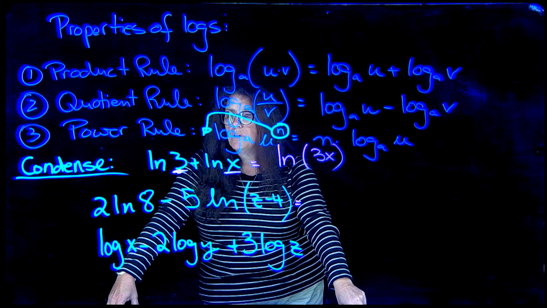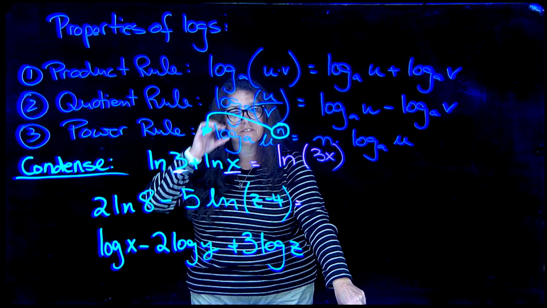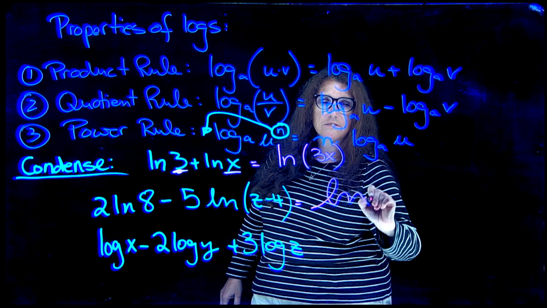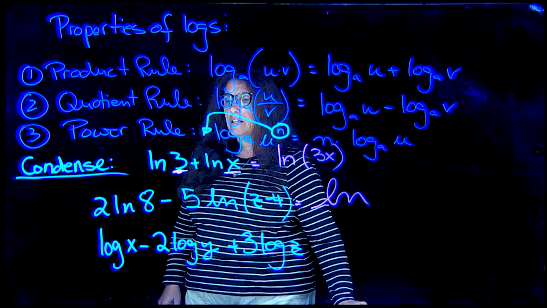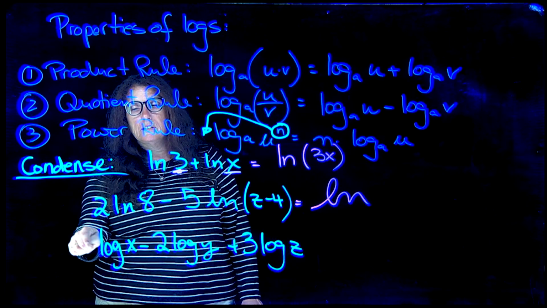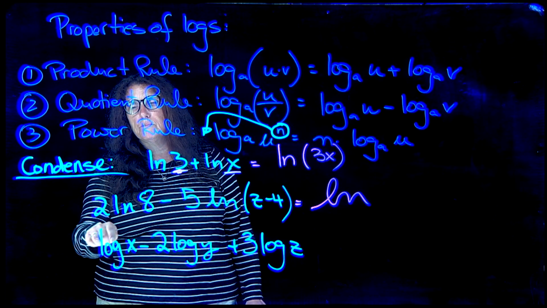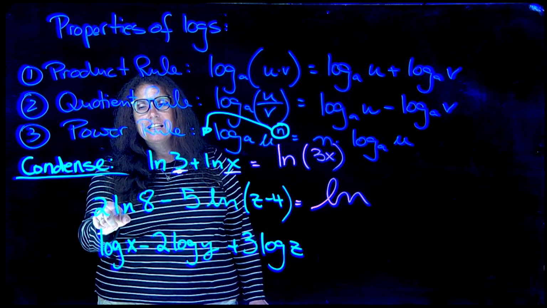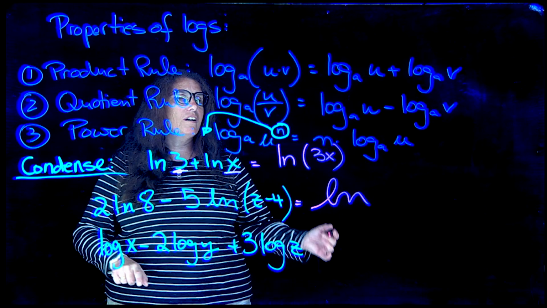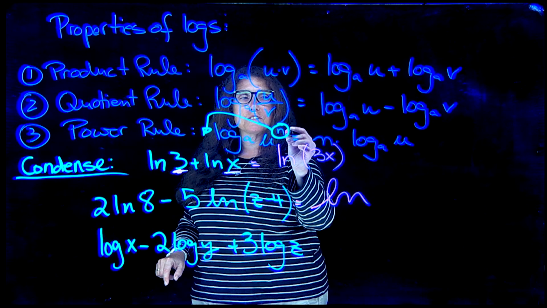We have 2 ln 8 minus 5 ln (z minus 4). Again, we want to condense it to one ln. Now, what did I say earlier in a previous video where I was expanding? These numbers in front of your ln or your log are really your exponents.